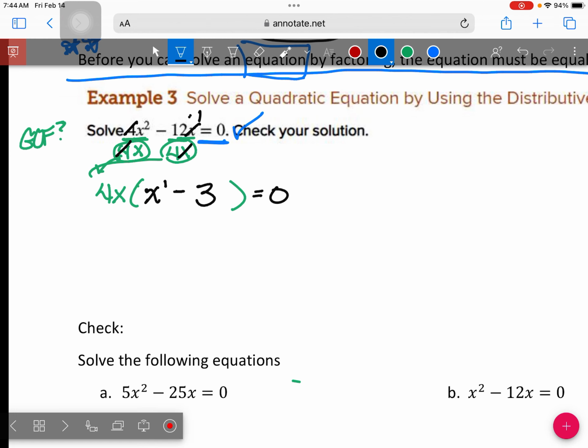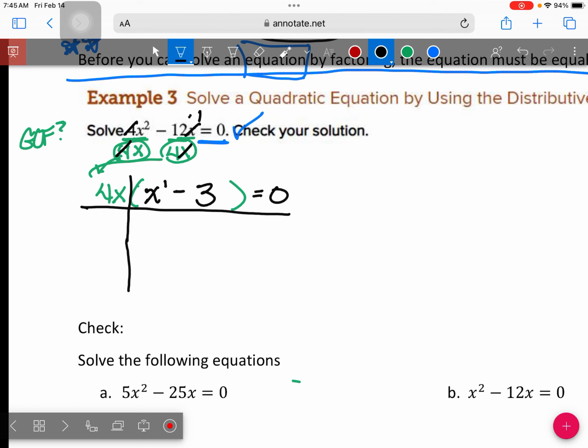Now, these are my two factors. So I need to set them up to be 0. Because if you have something times something equals 0, that means either this has to be 0 or the second factor has to end up equaling 0, right? If something times something equals 0, either this is going to have to be a 0 in that term or that's going to have to be a 0.